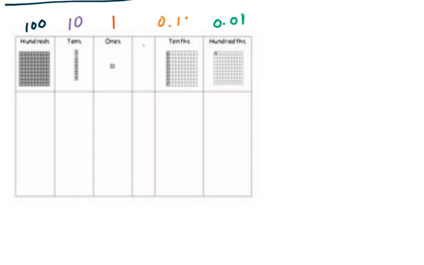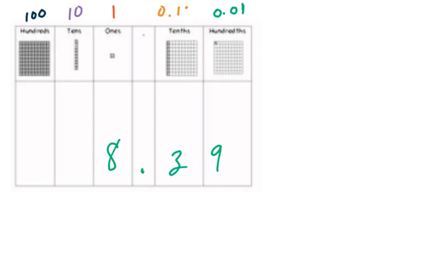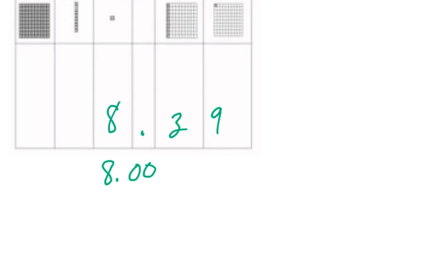So let's say that we have the number 8 and 39 hundredths. Well, 8 is just going to be 8.00 plus 0.30 plus 0.09.